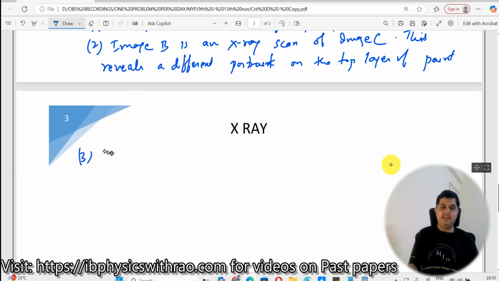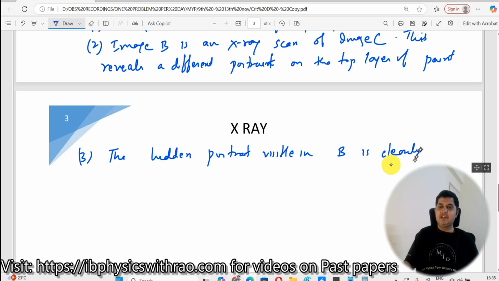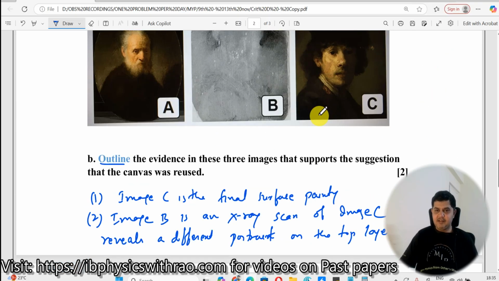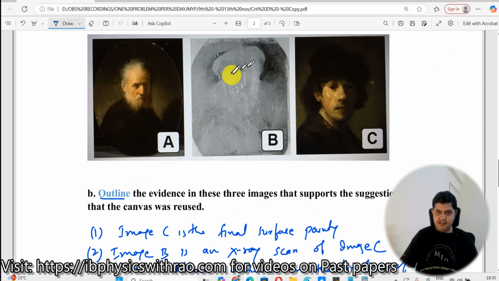So you can say the hidden portrait visible in B is clearly matching with the painting in A. See, look at this here. This image appears to be on top of it earlier, and thus you have got this one.